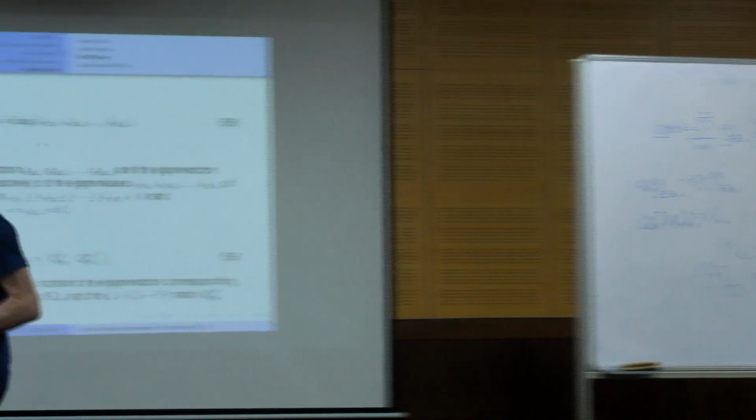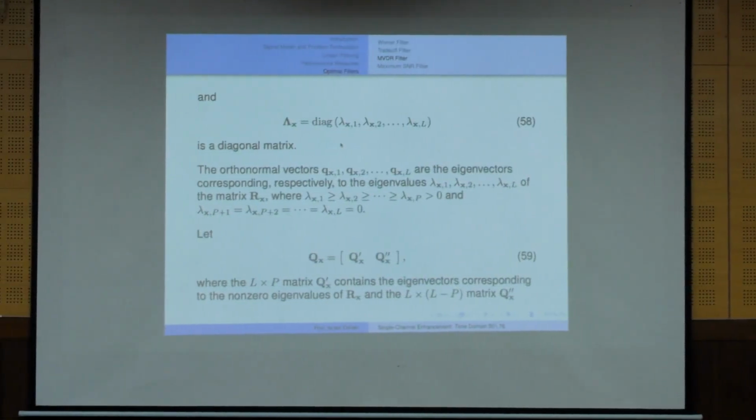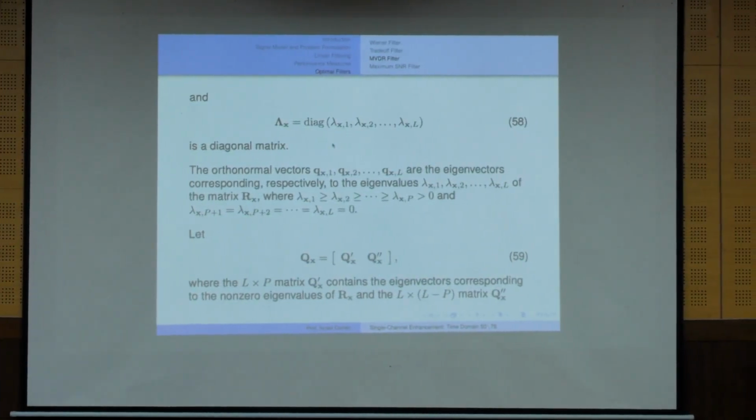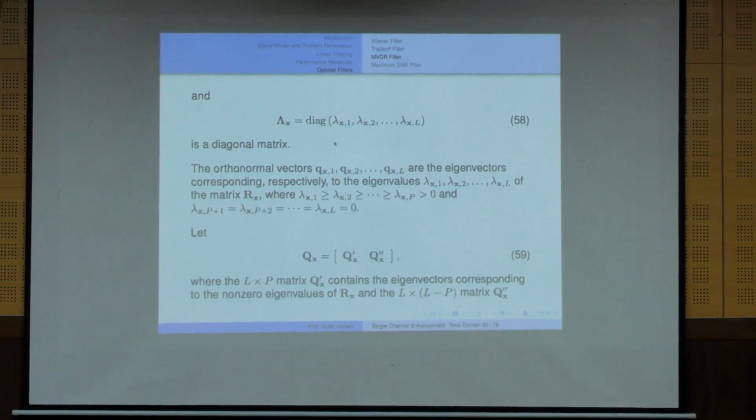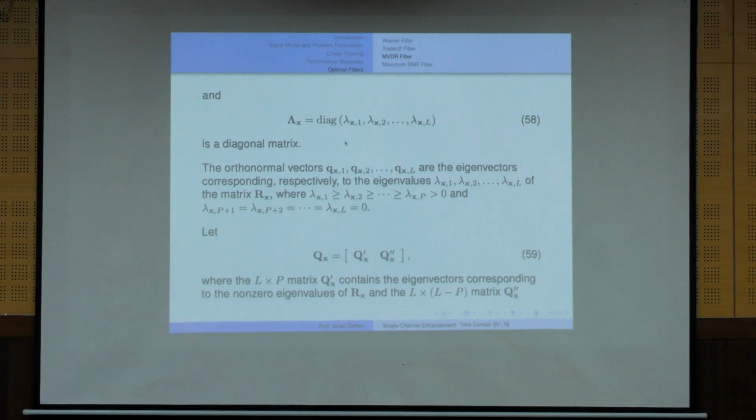Okay, if something is unfamiliar or you want to ask questions, please ask. Any questions? Okay, so let's continue. We split this matrix into two parts: the signal subspace, which we sometimes call signal plus noise, and the null subspace.